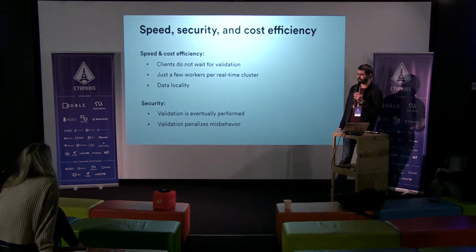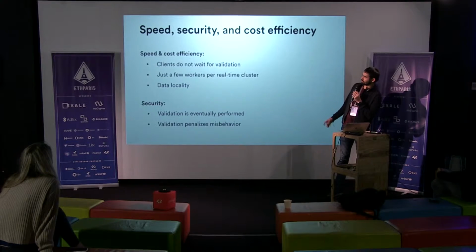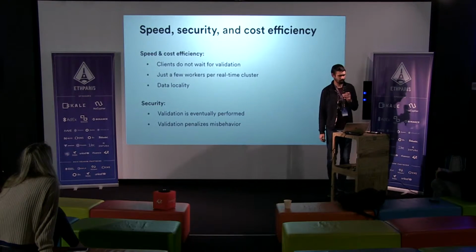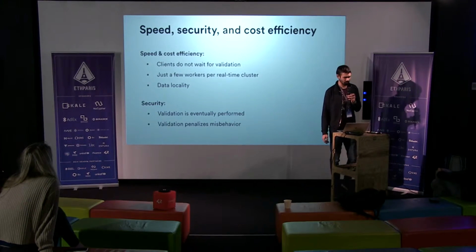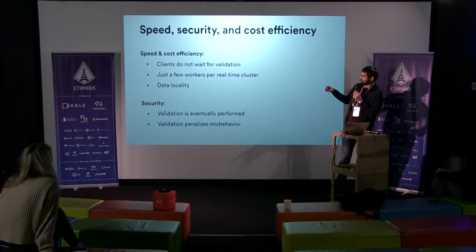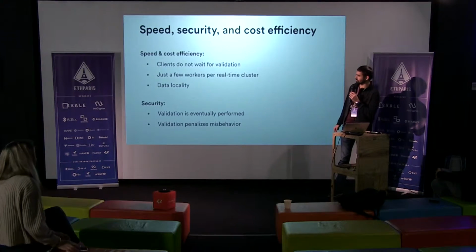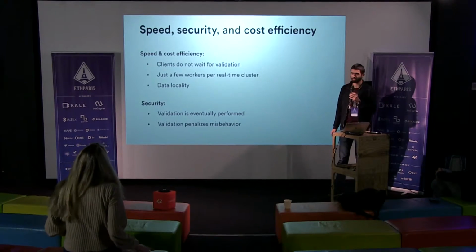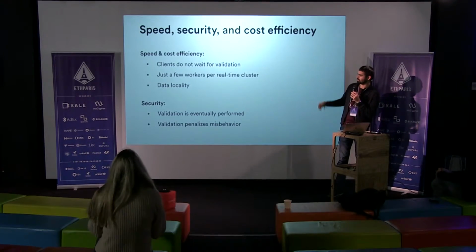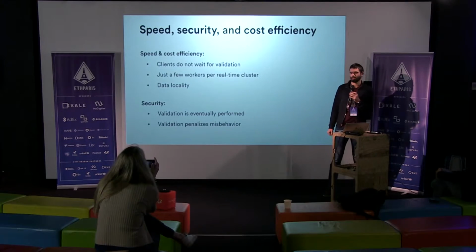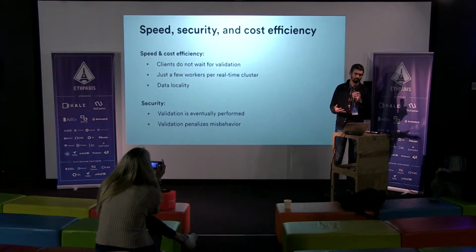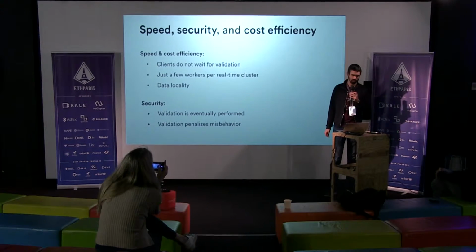Finally, the qualities of the Fluence network are speed, security, and cost efficiency, everything in a decentralized manner, and that's made possible with 2 layers. For speed and cost efficiency, we use the speed layer. Clients do not wait for validation to be performed before they can have the results of their transactions.